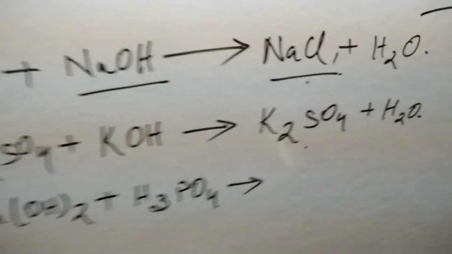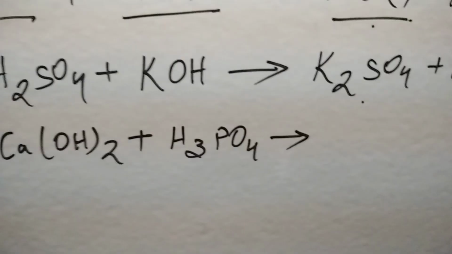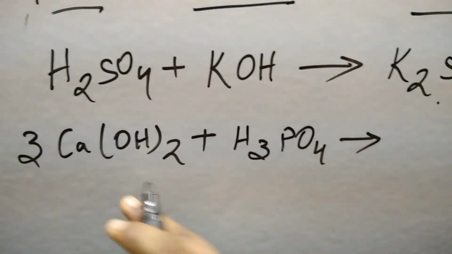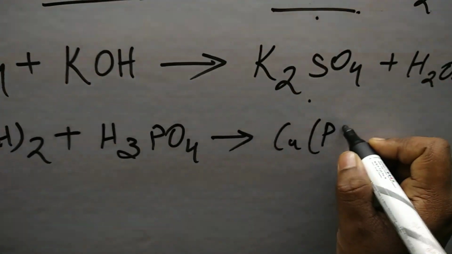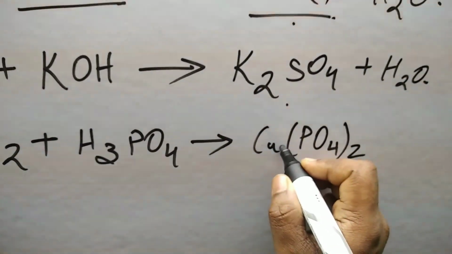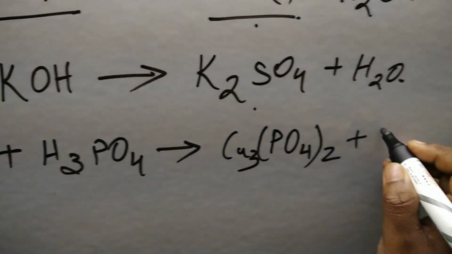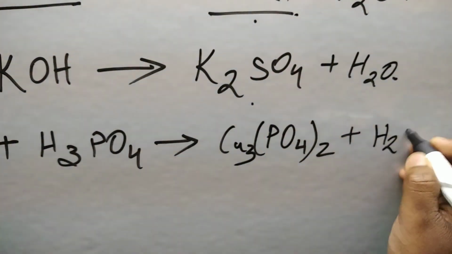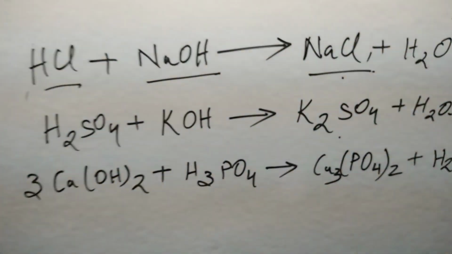Don't confuse between these two acids. This is phosphoric acid. When calcium hydroxide reacts with phosphoric acid, calcium phosphate will form, Ca3(PO4)2, and water will release.